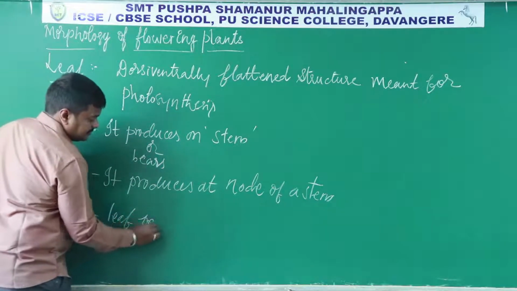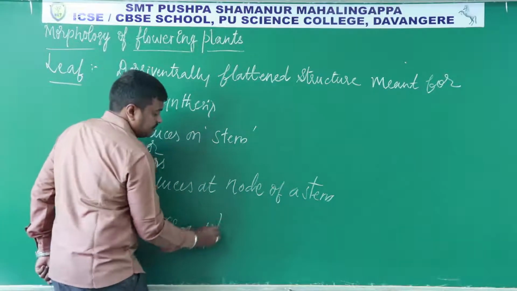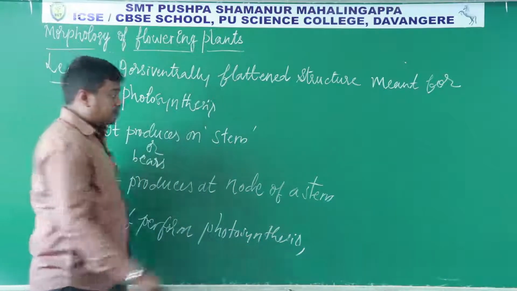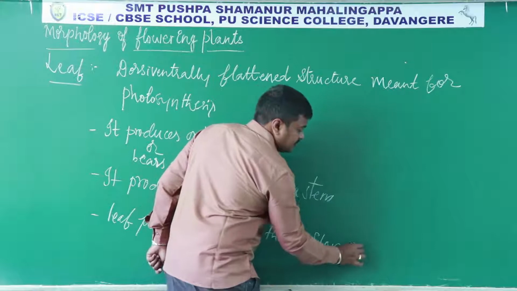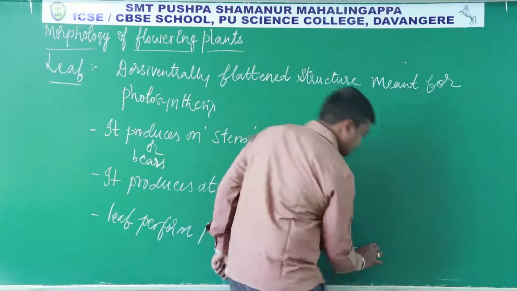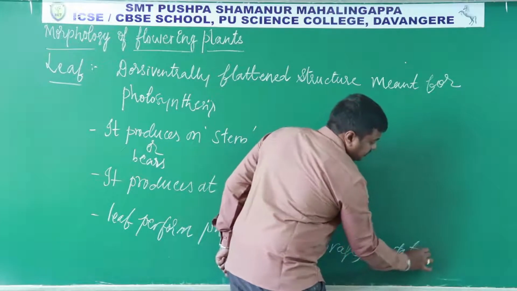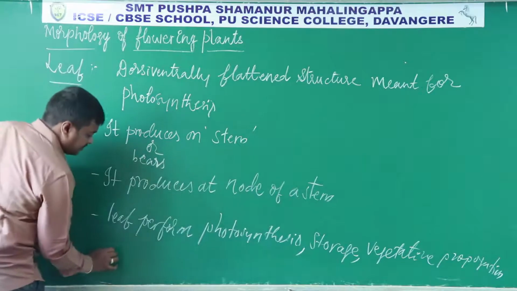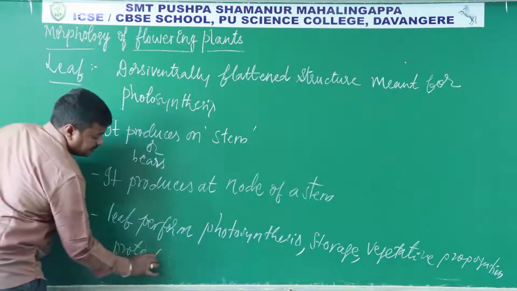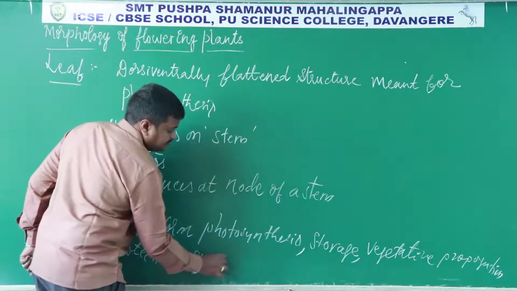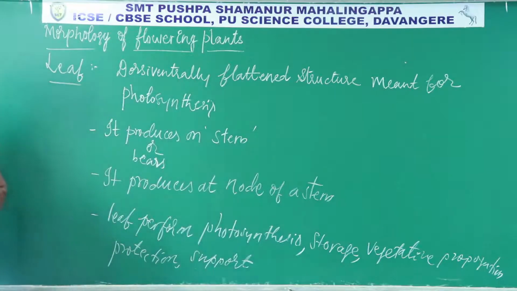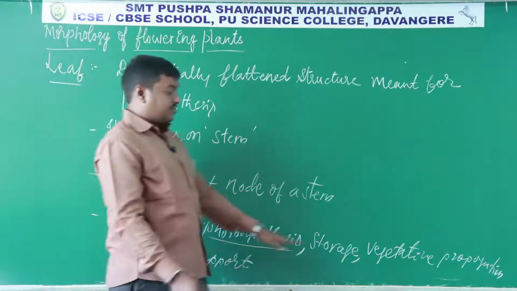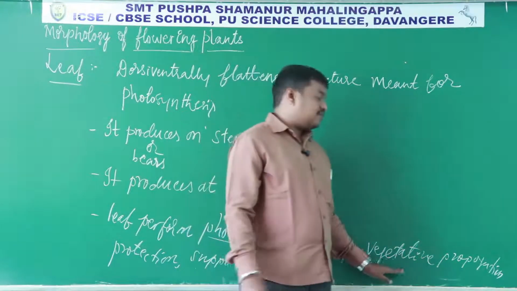The leaf performs photosynthesis. It can also function as a storage organ which stores reserve food, and helps in vegetative propagation as well.